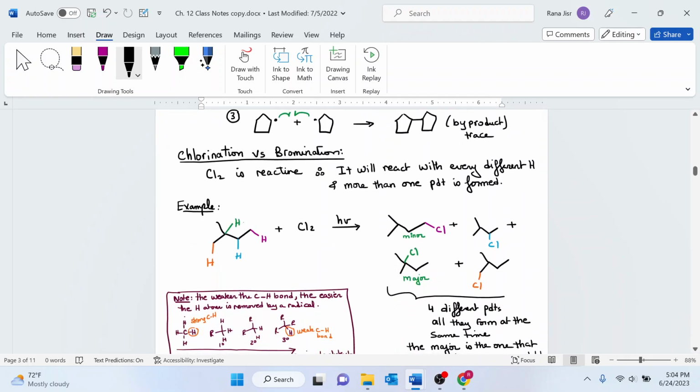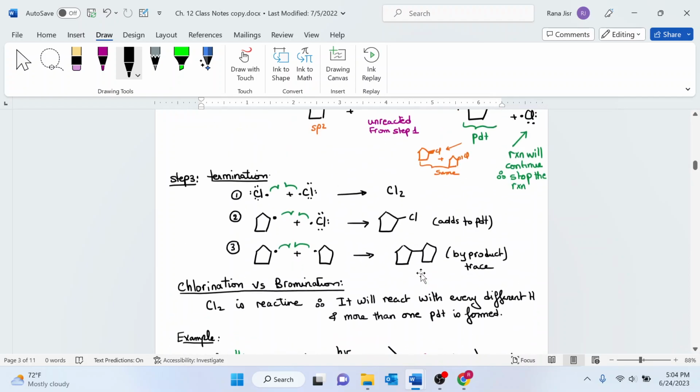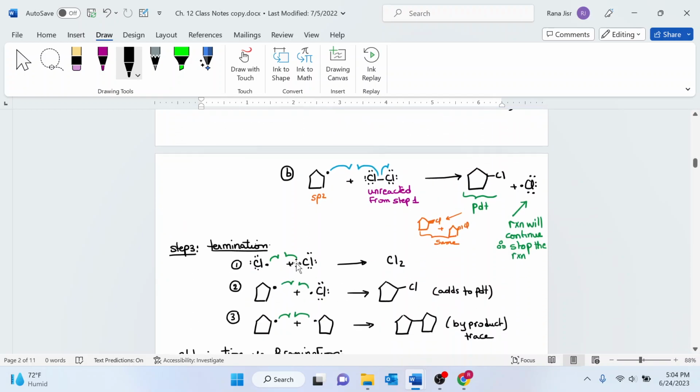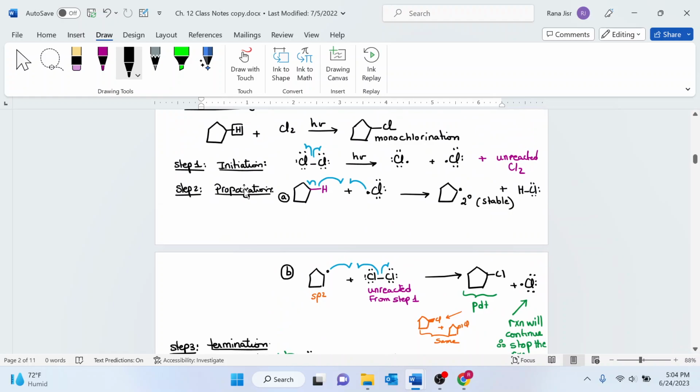The only difference in the chlorination is the different products that you are forming. So if you want to draw the mechanism of these different products, the initiation step and the termination step for chlorination will stay the same, but the difference is in the propagation step. So you have to draw different propagations every time you are replacing a different hydrogen.